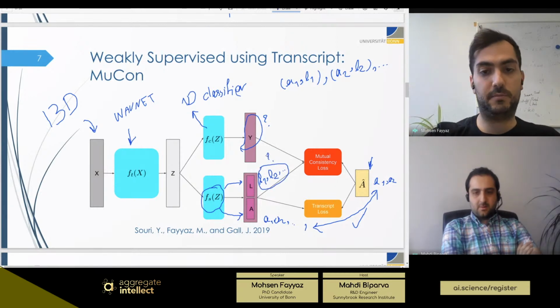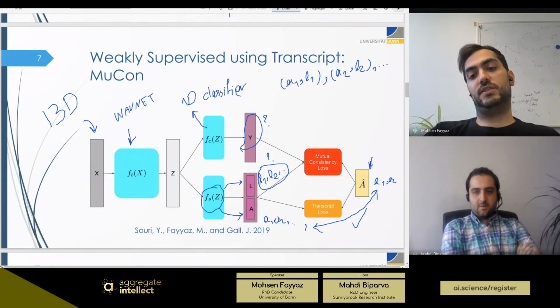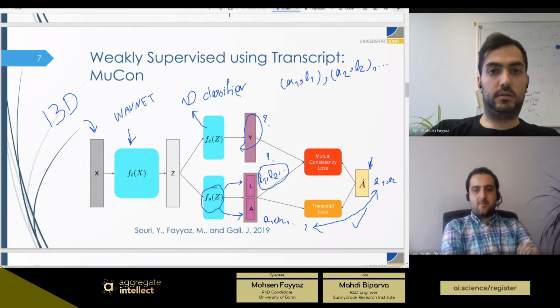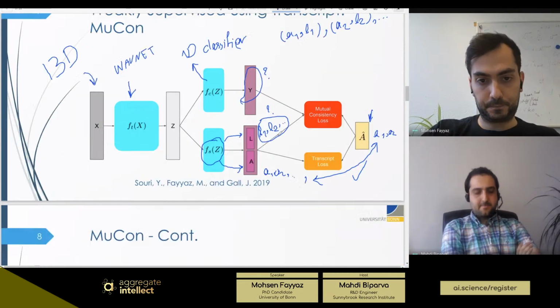And this is the hard problem here, that we want to know the temporal lengths. Otherwise, we cannot segment it. So we use our mutual consistency loss here to be able to backpropagate from this A hat, which is this ordered sequence of the actions, over this prediction, over the length predictions, and over this temporal probability prediction.